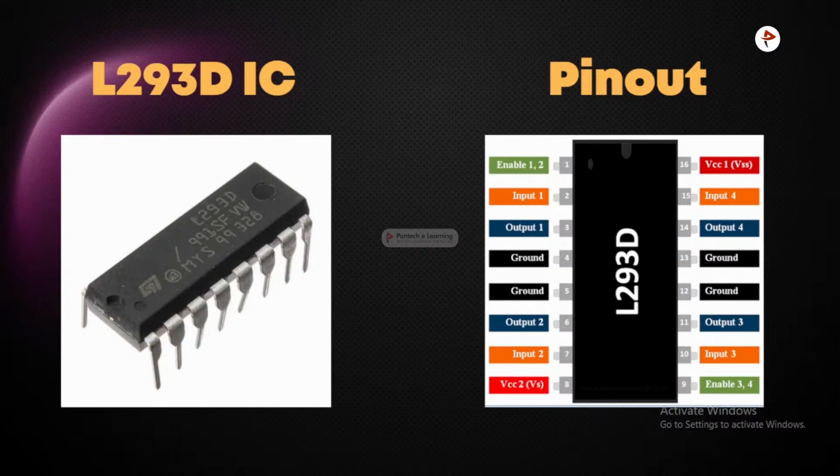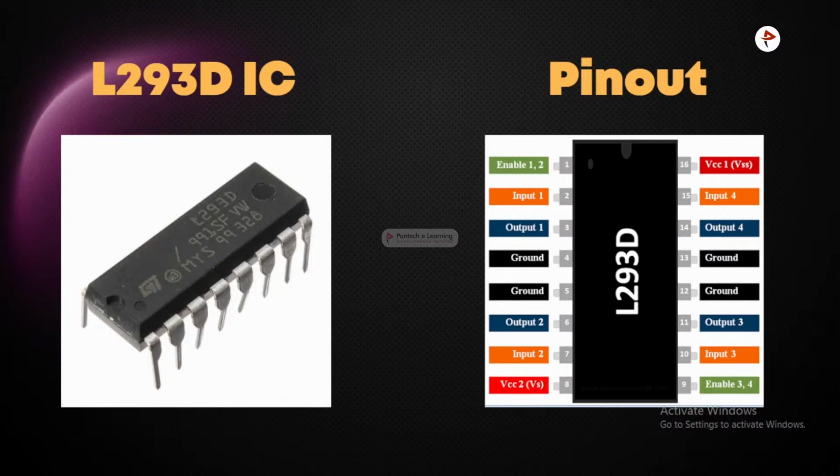And then coming to output pins, there are 4: output 1, 2, 3 and 4. The L293D motor driver's output channels for motor A and B are brought out to pins output 1, 2 and 3, 4 respectively. You can connect a 5 to 36 volt DC motor to these pins.